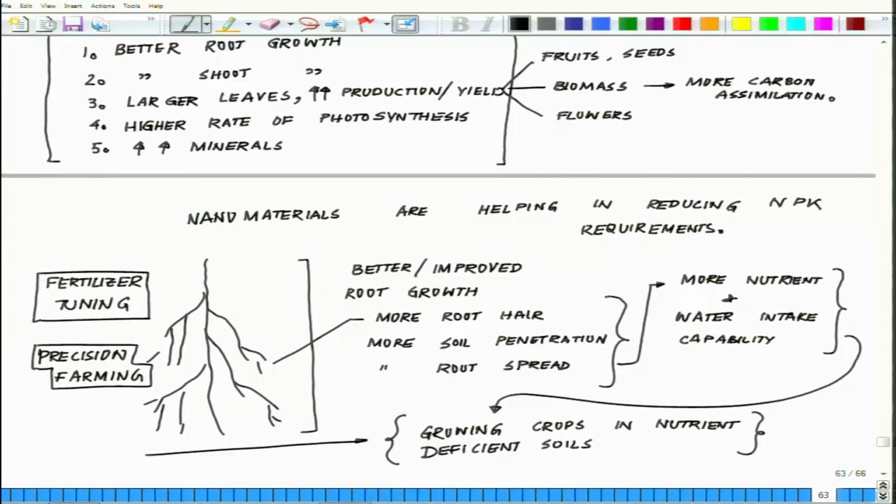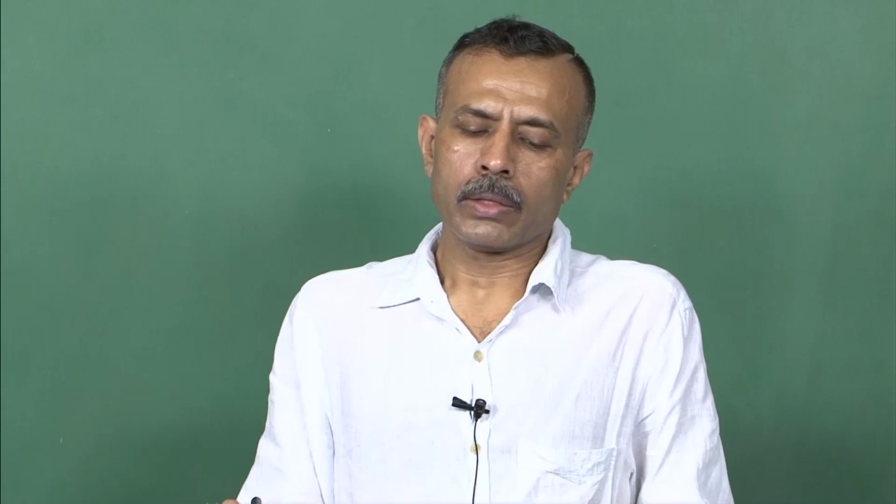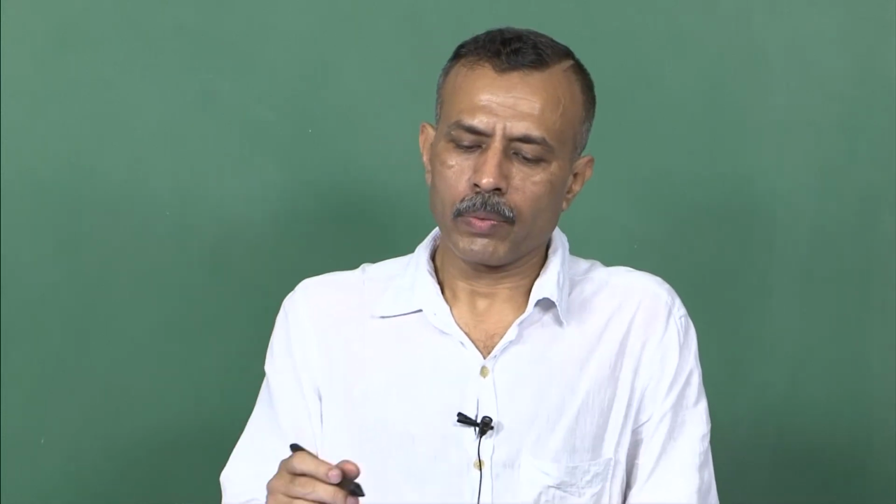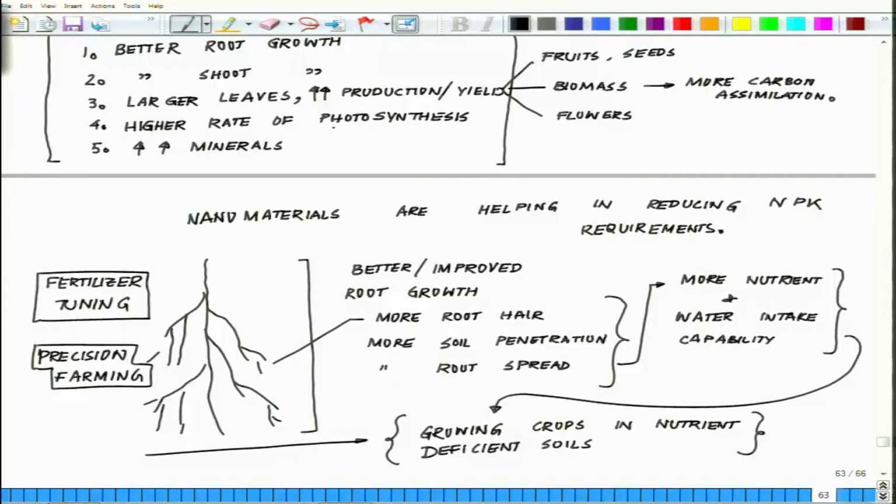Now, in the same line, we are talking about another aspect. We are observing that the leaves have a higher rate of photosynthesis. This is extremely important. Think of it rationally.